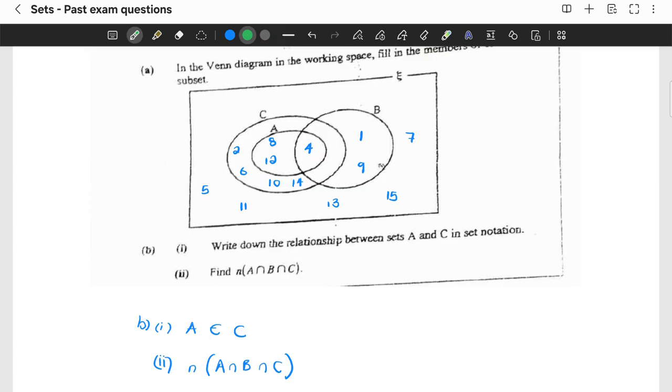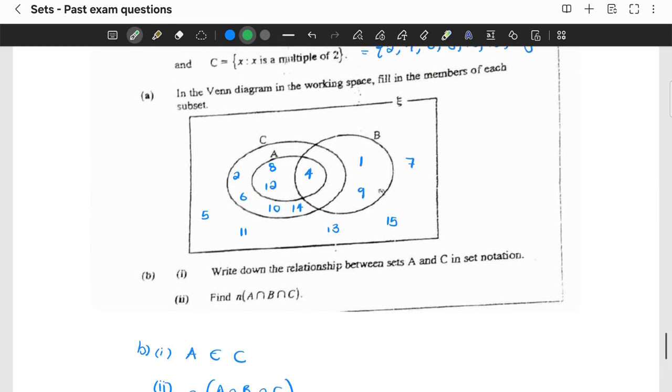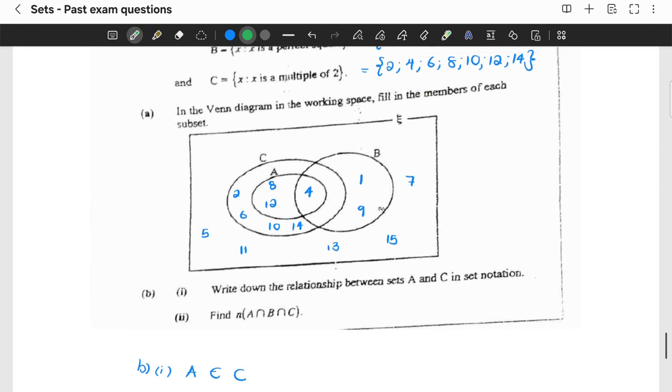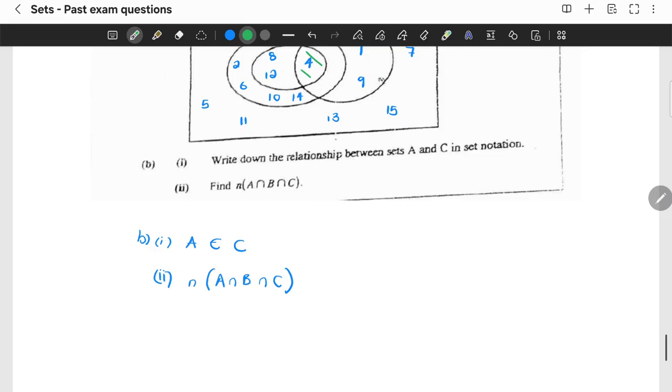We want something that is A intersection B intersection C. So that's only this. So that's 4, right? But the number of elements in there is only 1.